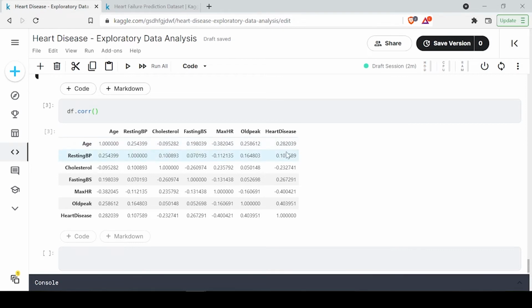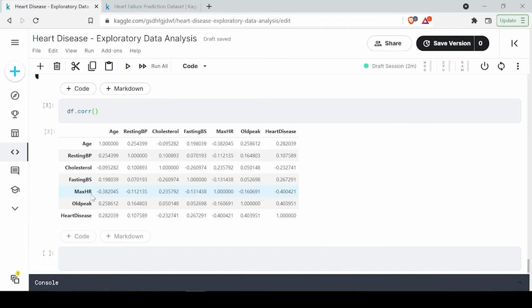Okay, and if we have a negative correlation, for example here we have minus 0.38. Minus 0.38 between age and max HR means if age increases, maximum heart rate decreases.